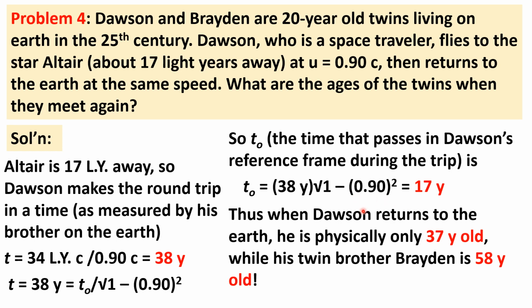Thus, our conclusion is, when Dawson returns to the Earth, he is physically only 37 years old, while his twin brother Brayden is now 58 years old. This is the result of the time dilation formula.